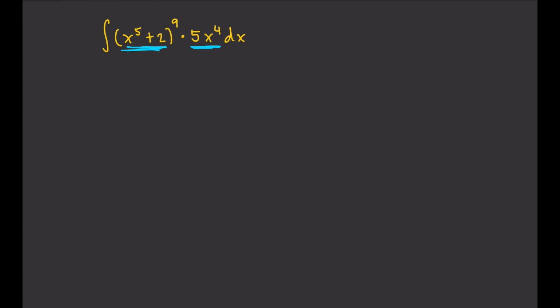So here's how we will do it. We're going to take this, we're going to substitute that with u, and then we're going to find the derivative of u. So du over dx is equal to 5x to the fourth, or du is equal to 5x to the fourth dx. Okay?